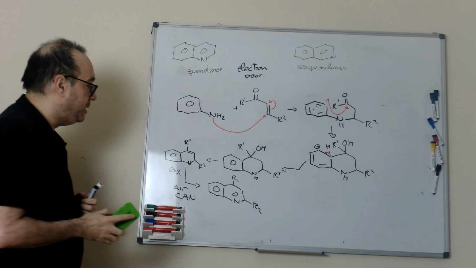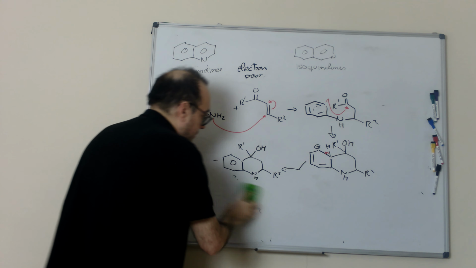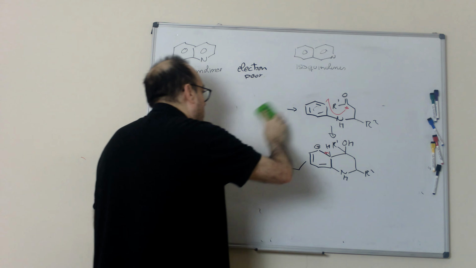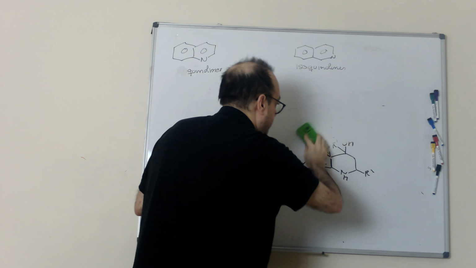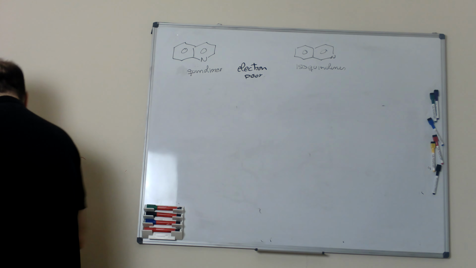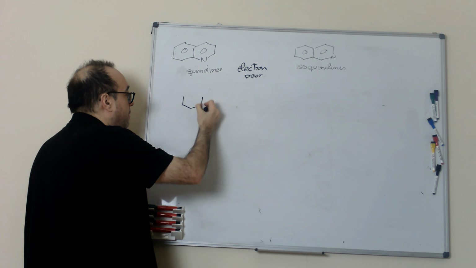In the case of isoquinolines, we have to start with a slightly more complicated substrate. We have this compound. We have to start with this substrate. Okay? First step, we make an amide. How can we do it?